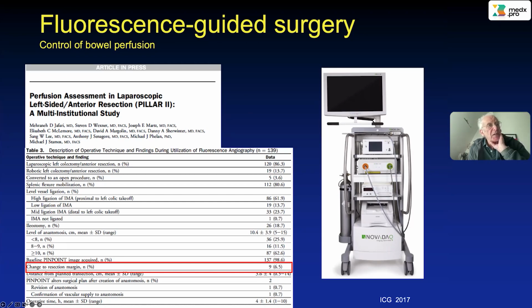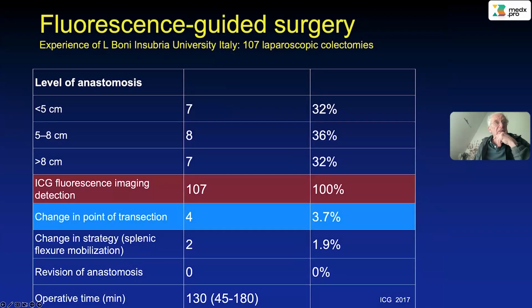Wexner was one of the participating surgeons, Senagore also, and David Margolin, where they showed that the change to resection margin decreased the rate of anastomotic leakage, to the contrary of what the 2022 study has shown. We'll talk about that in a few minutes.